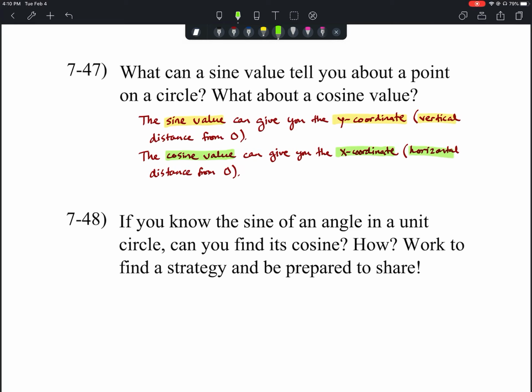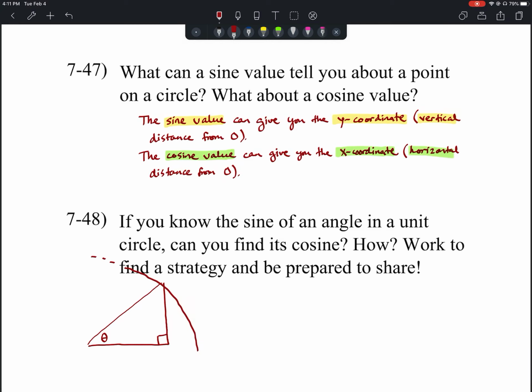All right, so let's go to 7-48. If you know the sine of an angle in a unit circle, can you find its cosine? How? Work and find a strategy and be prepared to share. So with this one, let's say we had a right triangle here, and this is just part of the circle, right?